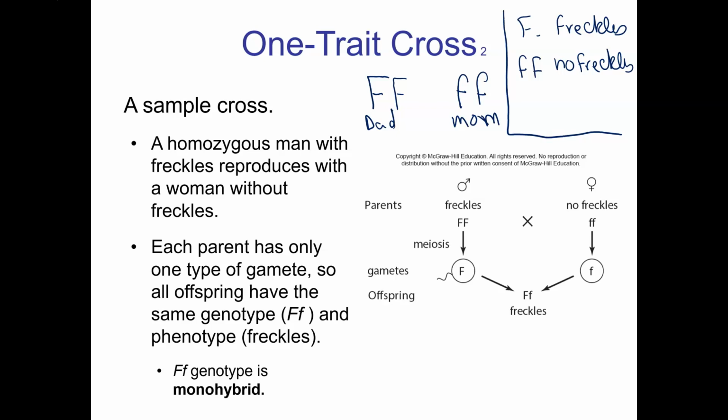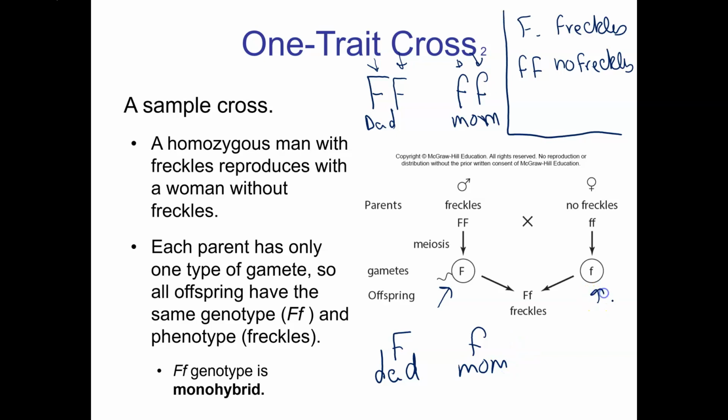Now we have to look at what type of gametes dad can form. Dad can give to his offspring either this big F or this big F, right? That's all he can give. So dad can only produce a big F for his offspring, which is what you see right there. Mom can only give this little f or this little f, but they're always only little f's. So this is dad's gamete, and mom can only give a little f as her gamete.